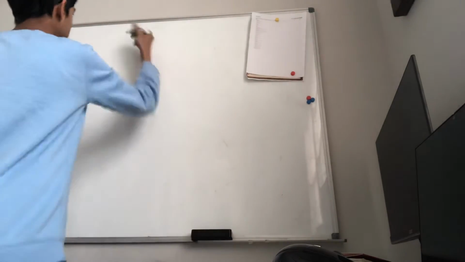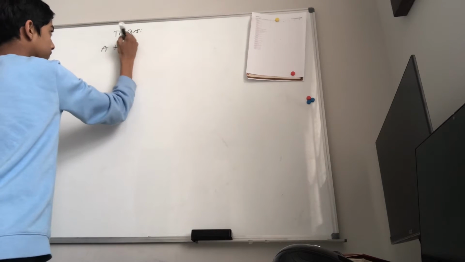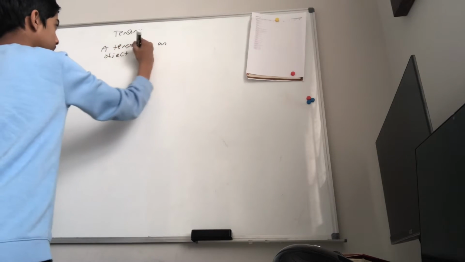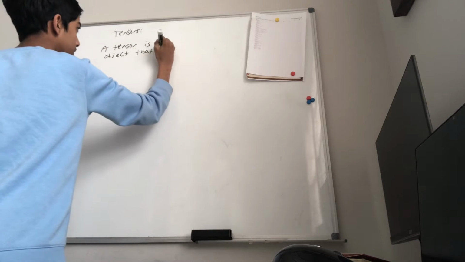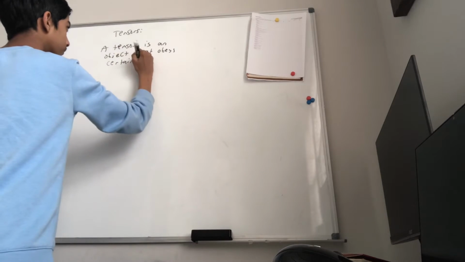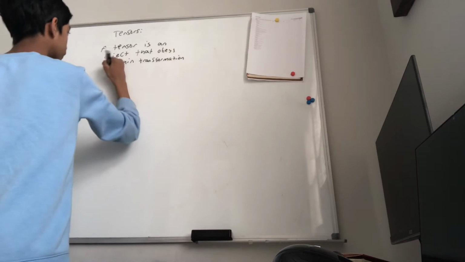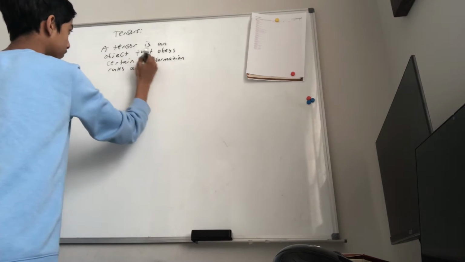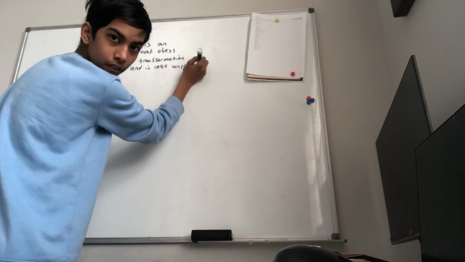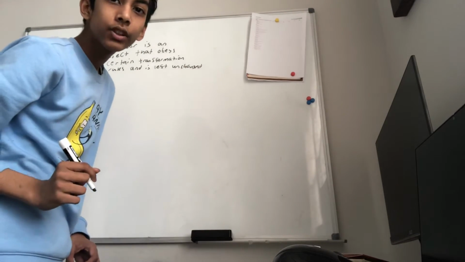So let's talk about tensors. A tensor is an object that obeys certain transformation rules and is left unchanged. So how would we write tensors in index notation?